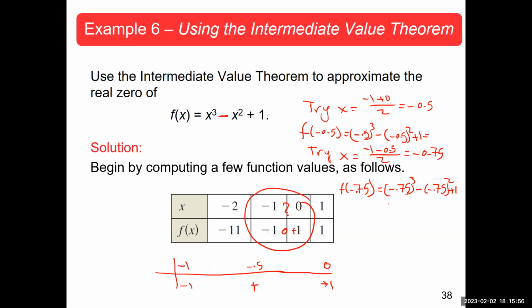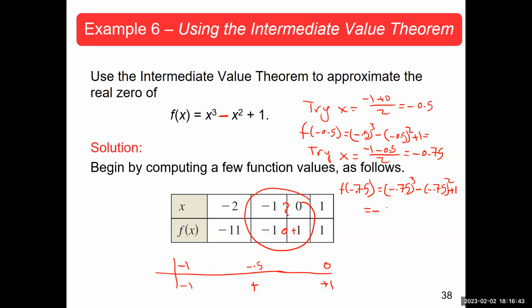Let's use the calculator. I'm going to calculate this one this time. Negative 0.75 squared multiplied by 0.75, equals, minus 0.75 squared, equals, plus 1. Okay, I got the answer. The answer is negative.